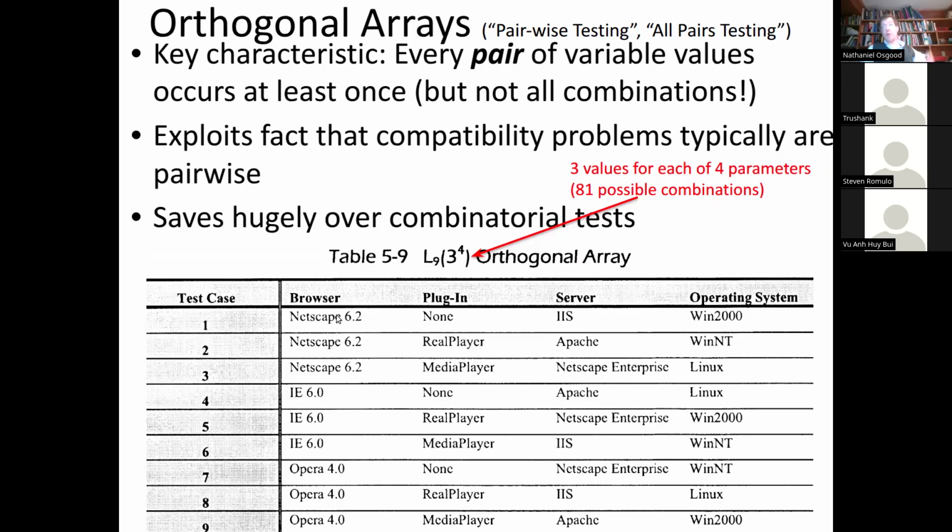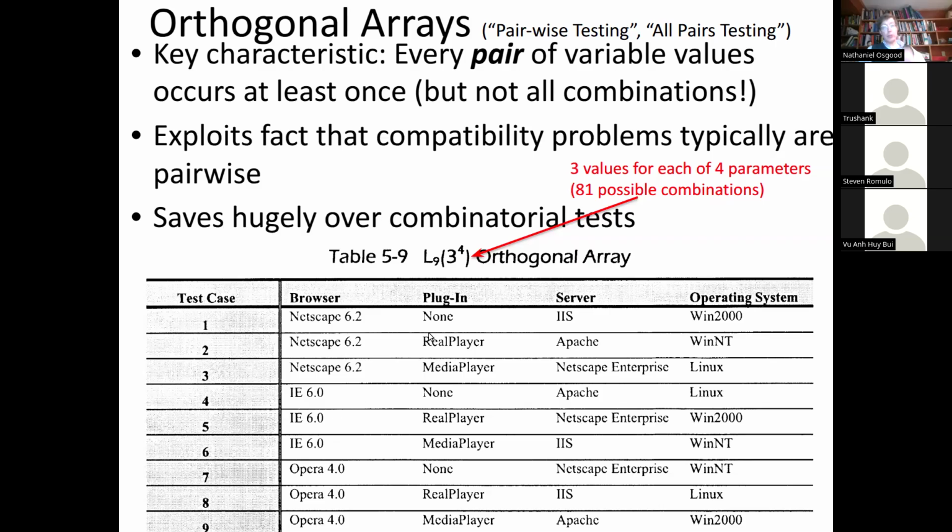If it's not that it just never works with Netscape at all, or never works with Opera at all, if your system works with Opera, works with Netscape, and works with each of the real media players in some system, server and operating system underlying it, often the problem is instead pairwise incompatibility. The problem isn't that it doesn't work with Opera. The problem is it doesn't work with Opera with RealPlayer, the media player that was prevalent then. So it's that pairwise combination.